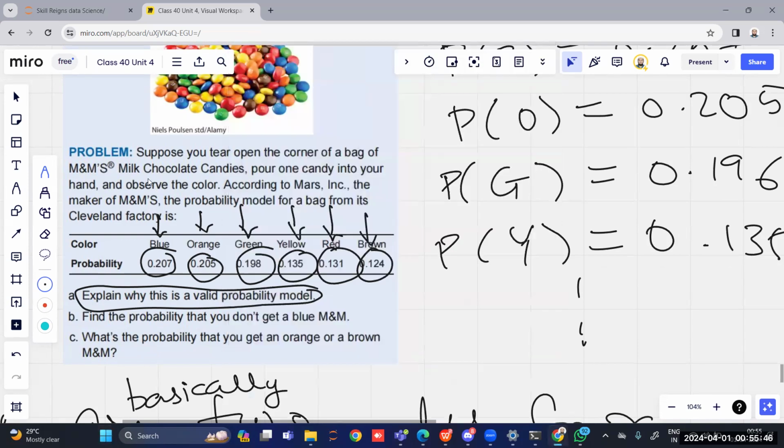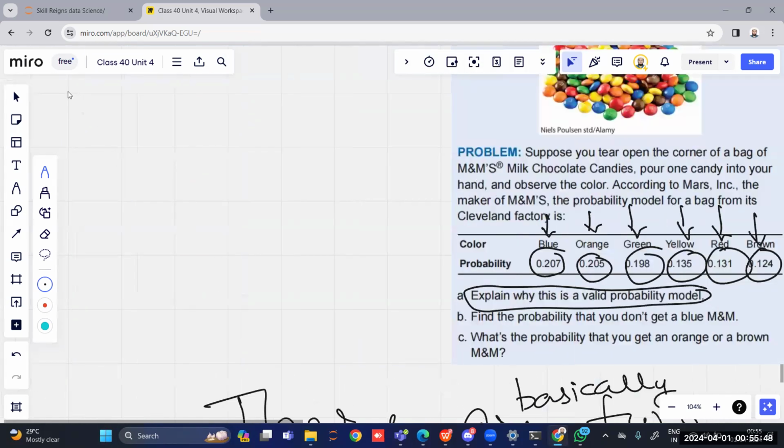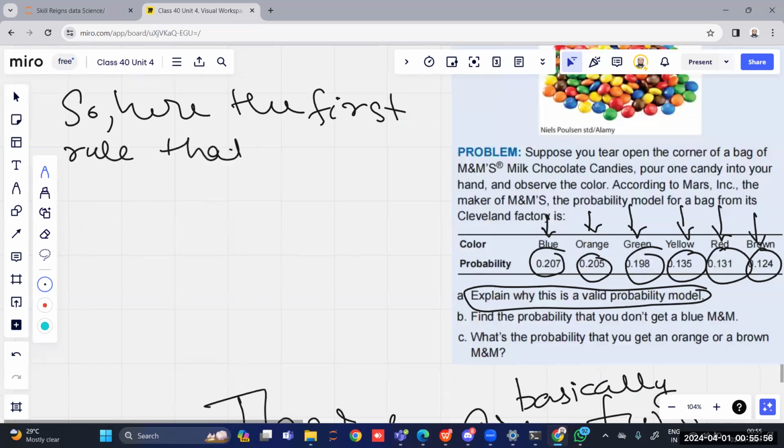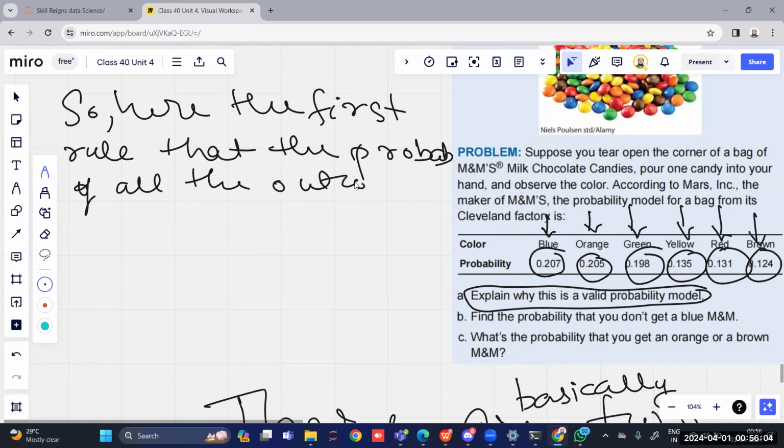We'll write it in sentence form also: the first rule, that the probability of all the outcomes is between 0 and 1, is verified.